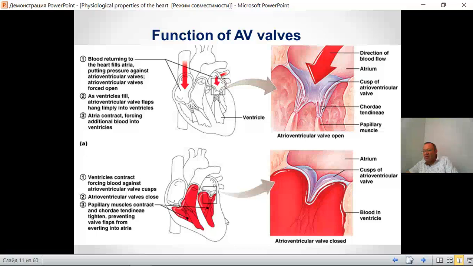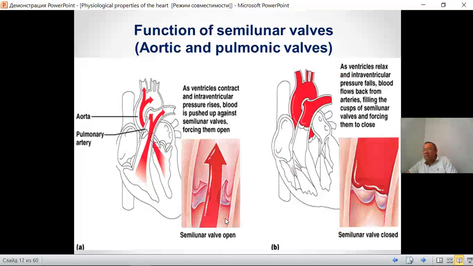At the base of the pulmonary trunk, coming from the right ventricle, is the pulmonary semilunar valve, or pulmonary valve. It's also known as the pulmonic valve or the right semilunar valve. The pulmonary valve is composed of three small flaps of endothelium reinforced with connective tissue.